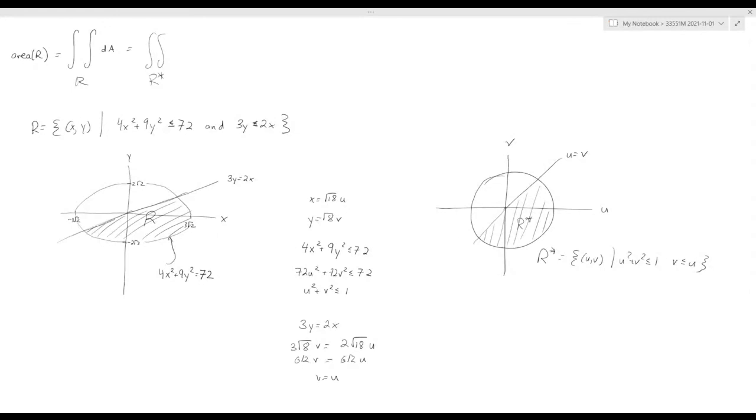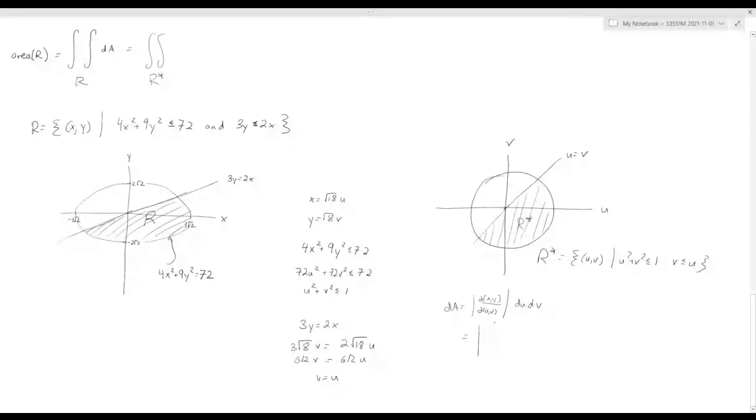Okay, so then dA is, of course, the absolute value of the determinant of the Jacobian matrix, times du dv.